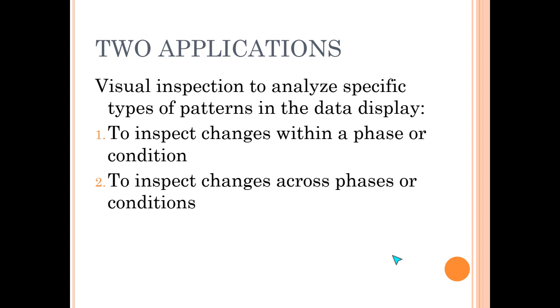We're starting small with just looking at what happened in an individual single phase, and then we're going to the larger picture, what happened across all the phases of the study. So I'll walk you through the within phase patterns, and there are 3 dimensions to inspect. We're going to be looking at the level of the data, then at the trend of the data, and then looking at any variability within the data.